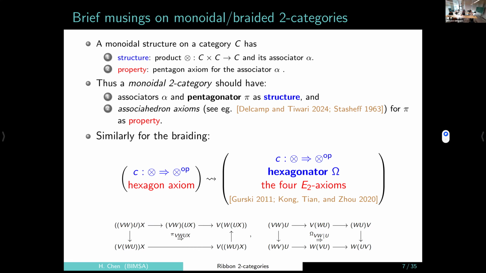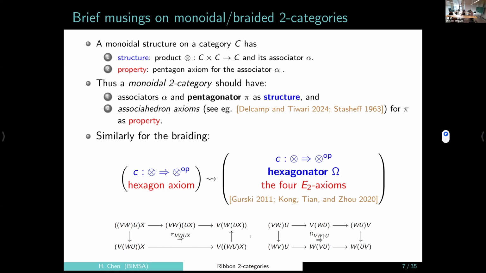These are the so-called E2 axioms. You can find them over here, and they're even bigger than the associahedron axioms. Here I put two diagrams which tell you the shape of the two morphisms, what I mean by pentagonator and hexagonator. I'm just throwing in the two cells. That's the type of thing that I have to do.